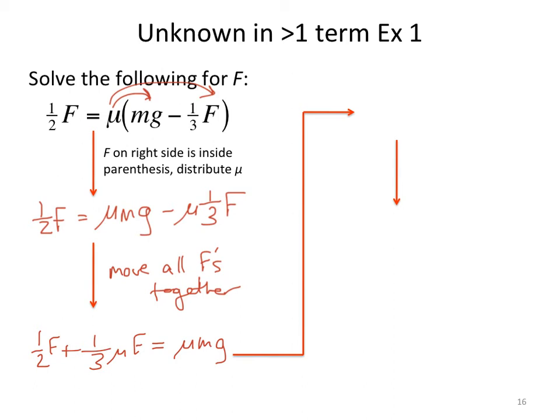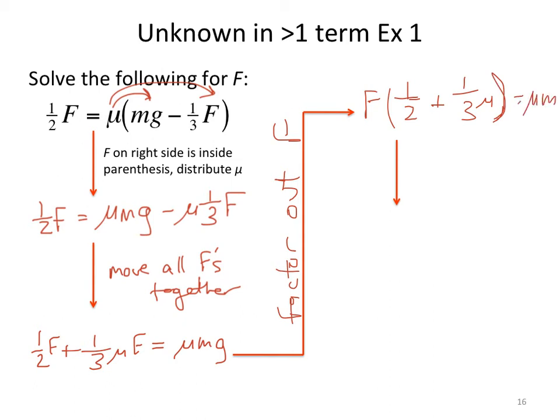All right, I'm going to turn my thing sideways here for a minute. Factor out the F, so we get the F all by itself. So the capital F is going to come out front, F, and then put in parentheses. So what's left is the 1/2 plus the 1/3 mu equals mu mg.